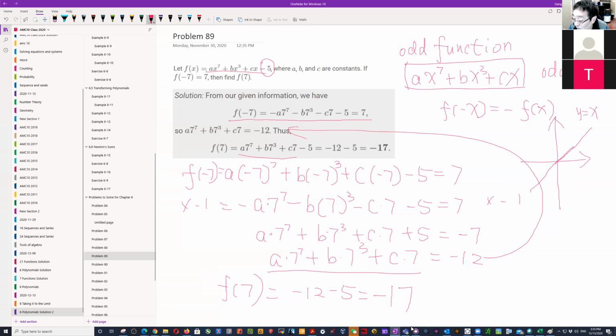An odd function is just, if you have a negative value, for example, f(-1), f(1), y equals x is a function. So f(1) will be 1 and f(-1) equal to -1.